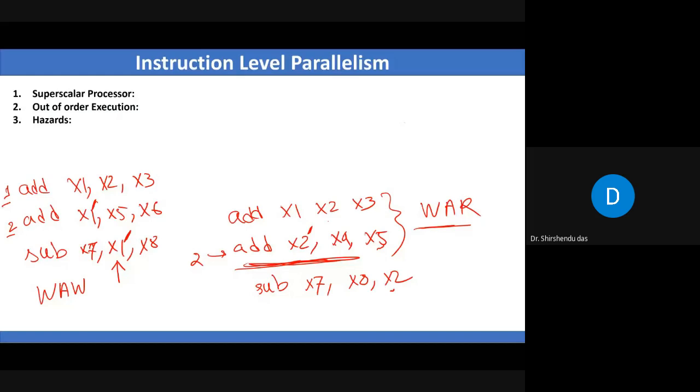So suppose you run a program on a single core processor, and it is taking 90 cycles. After that, if you apply superscalar or out-of-order execution, suppose your number of cycles is now reduced to 50 from 90. So all the research in the 90s was in this direction.